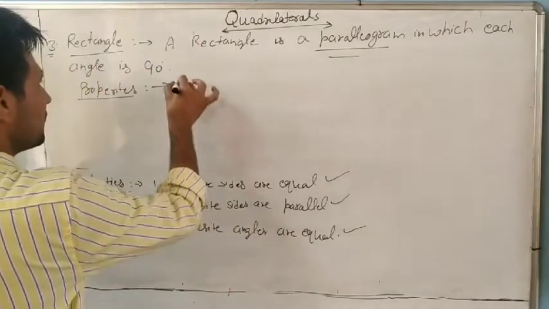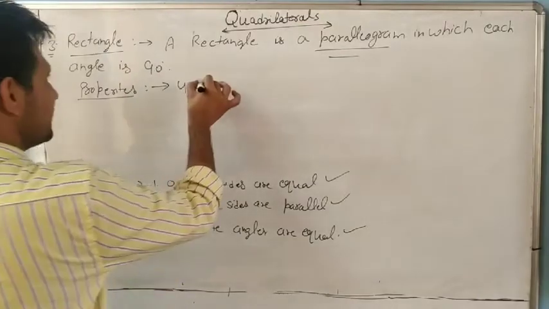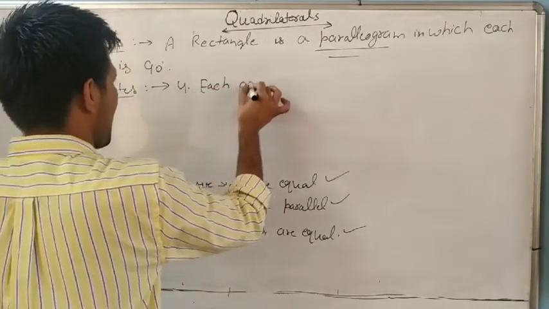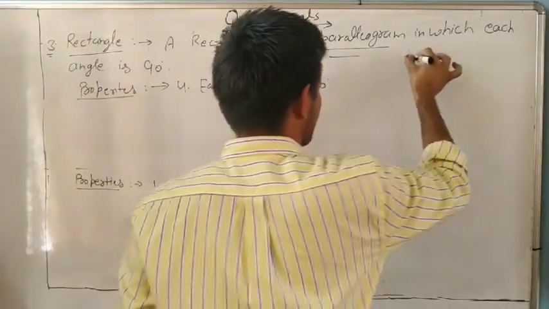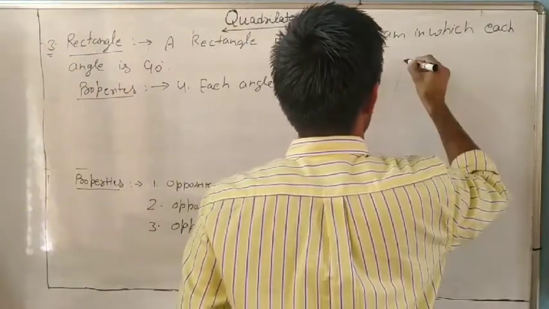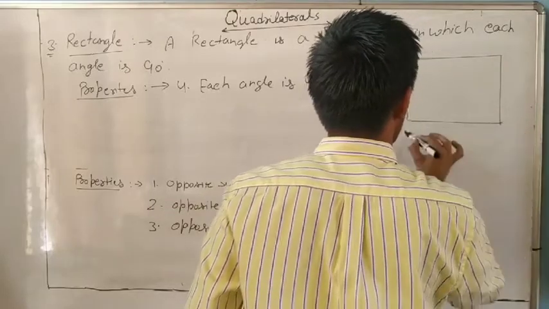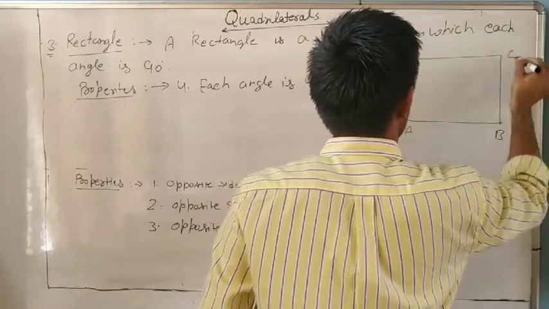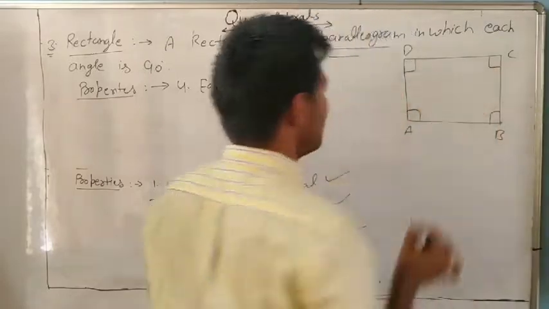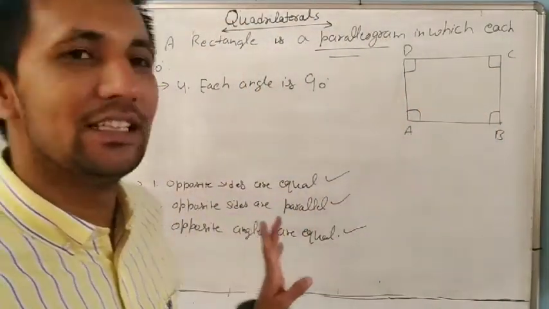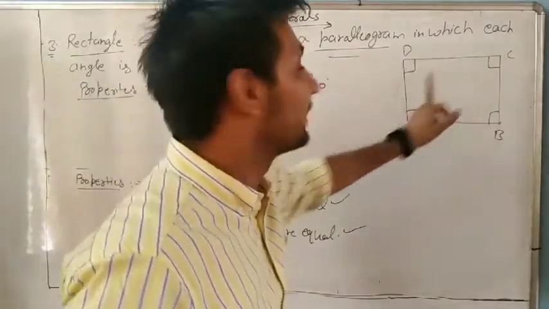Fourth is each angle is 90 degrees. Each angle A, B, C, D is 90 degrees, and you observe that in a parallelogram each angle is not 90.